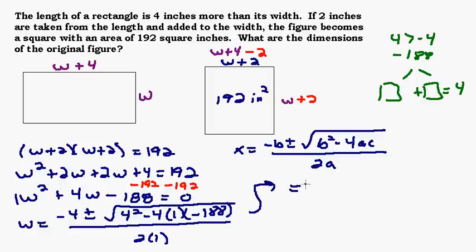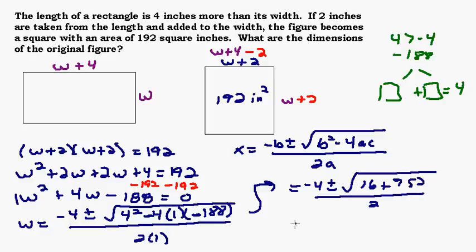Okay, so that equals negative 4 plus or minus the square root of 16. Now you've got a minus here and a negative here, so that's going to end up being a plus. 188 times 4 is 752. All over 2. 16 plus 752 is equal to 768 over 2.